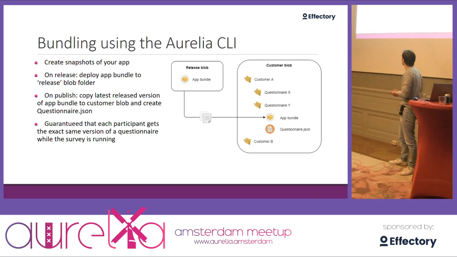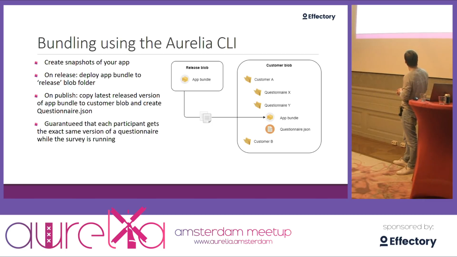And what happens at that point is that the app bundle, in the release blob, that's where we deploy the latest versions to. A blob, by the way, is blob storage, Azure Blob Storage. That's basically a way of storing files in the cloud, unstructured data such as image files or anything.